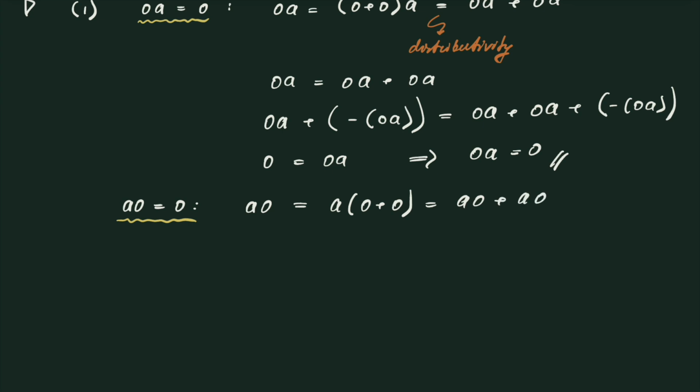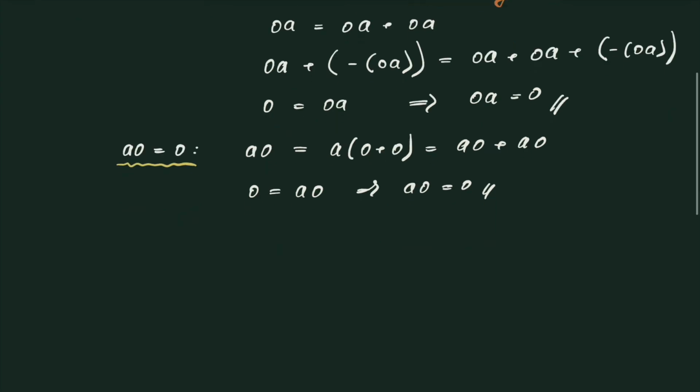Also remember that we agreed to denote multiplication as ab. Then again by cancellation we have 0 is equal to a times 0, right? So basically a times 0 is 0 as well, which means that 0 times a is equal to a times 0, and they are both equal to 0.